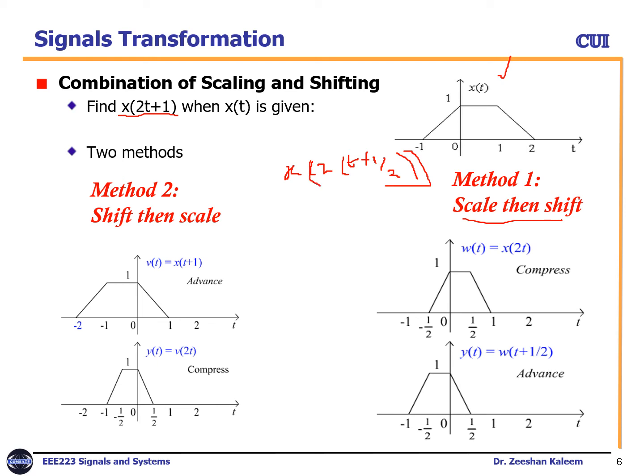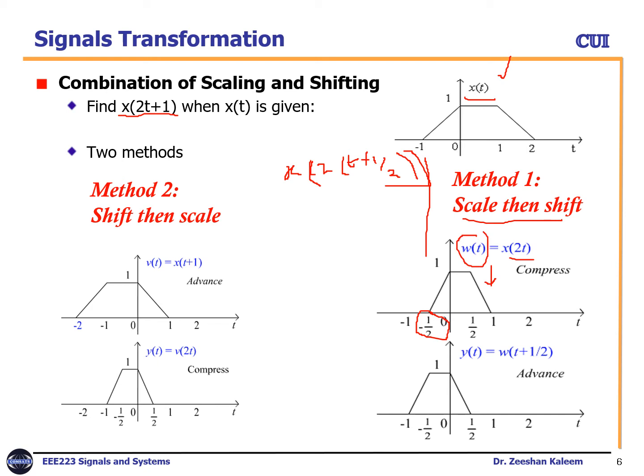The signal will look like this way, right? First you have to do the scaling. So scaling this signal by 2 means that you have to divide by 2. If the same axis values are divided by 2, it will be minus 1 by 2, right? 0 will be 0, 1 will be 1 by 2 and 2 will be 1. So it is x of 2t, right? So we obtained this one. Having obtained this one, we have to do the shifting by 1 over 2, right?